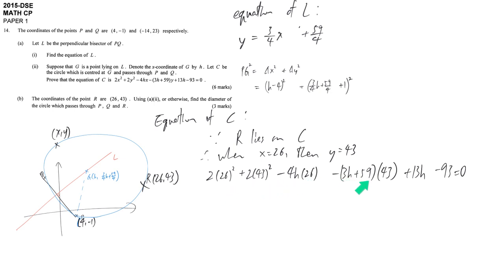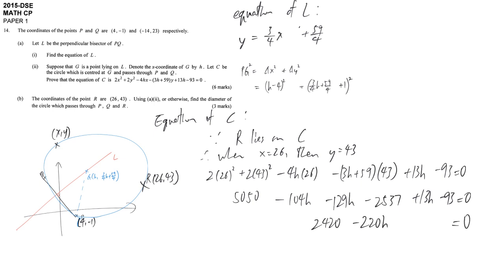Even though this equation is really long, you find that the only unknown is h and it is power of 1, so it's a linear equation. So we find out that h is equal to 11, and then we know more about this circle.